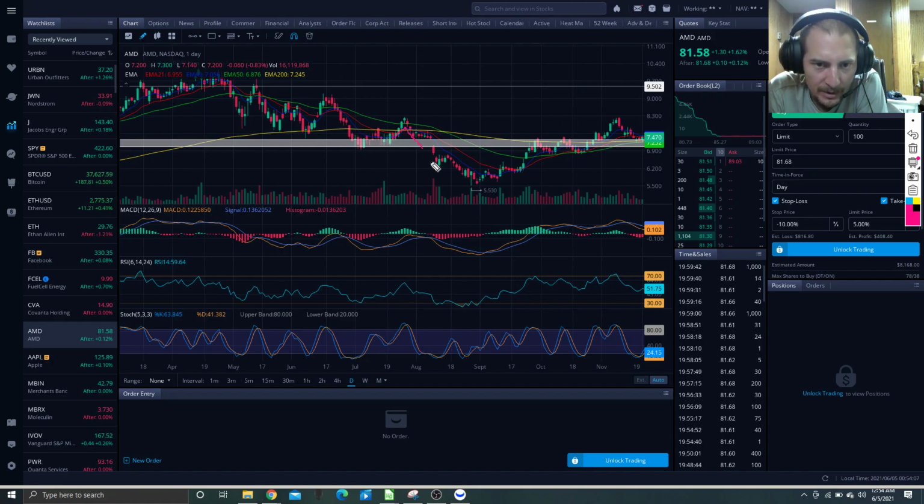So here it breaks down, retests back, enter, 2 times, MACD is bearish, RSI is bearish, stochastic is bearish, good trade.